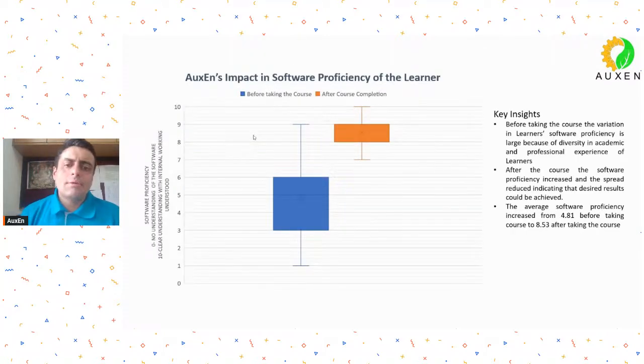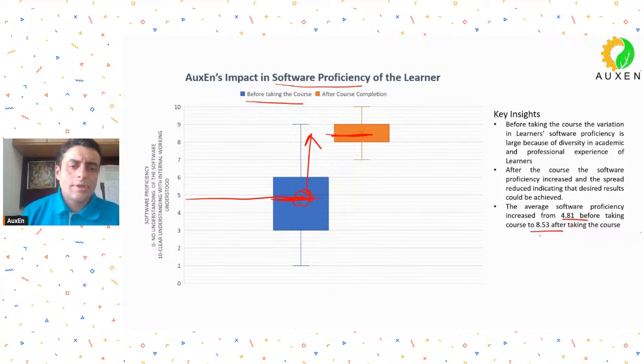So we try and measure the impacts, and you can see that before taking the course, the average level of the participant is over here. Let's say, what are we measuring over here? The software proficiency. So the software proficiency level was at 5.81, I have written over here, before taking the course, and after taking the course, the participants felt an improvement, and the average rating that they gave was 8.53.